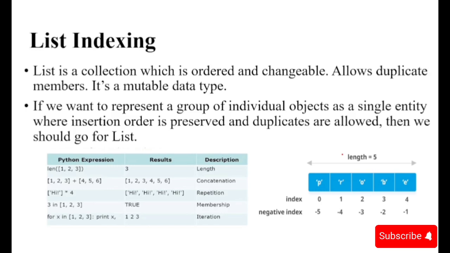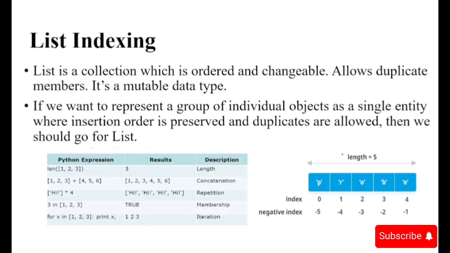When you talk about indexing, we have values stored in an array, right? So we can access a value from this list using an index. And we have 2 ways of accessing values from our list.